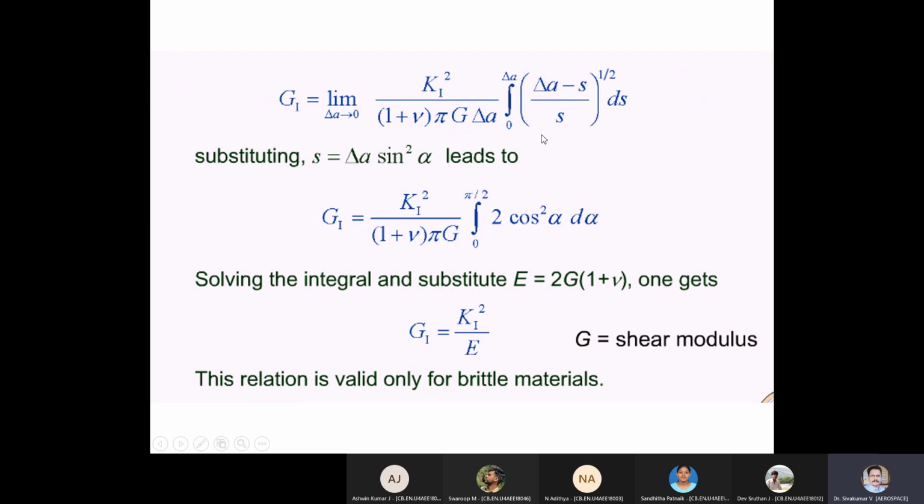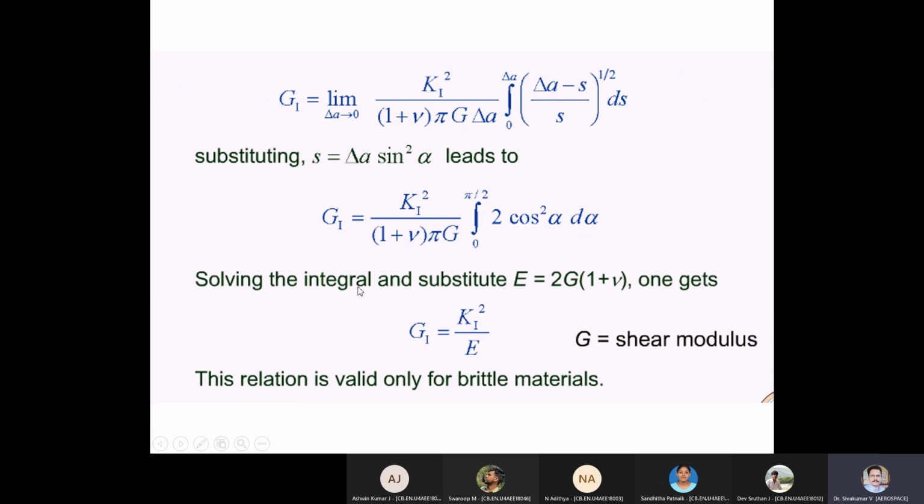Mathematically, I can put S equal to delta A into sine square alpha. This leads to G1 equal to K square by (1 plus Poisson's ratio) into pi into G, times the integral from 0 to pi by 2 of cos square alpha d alpha.